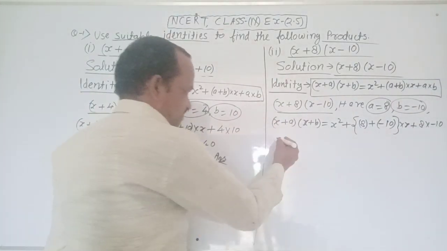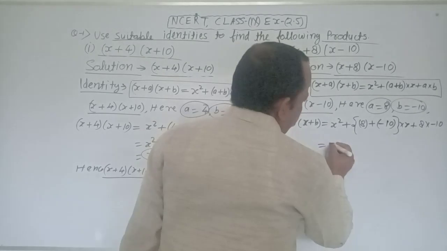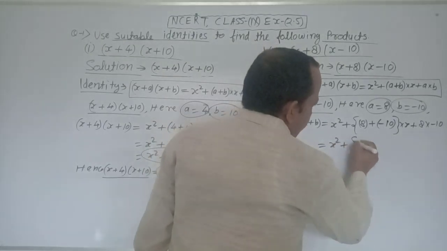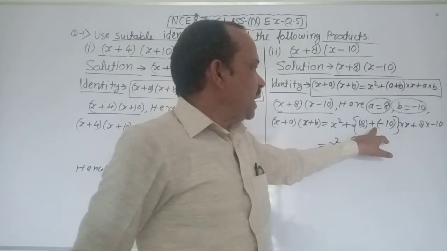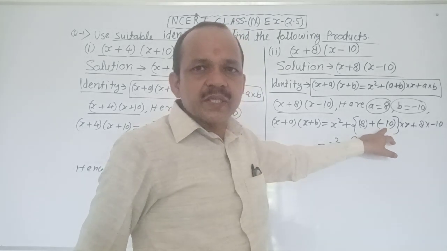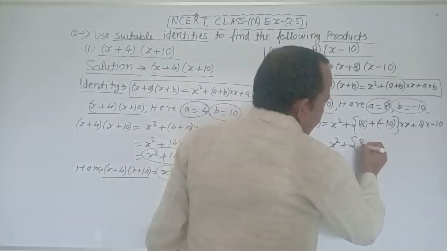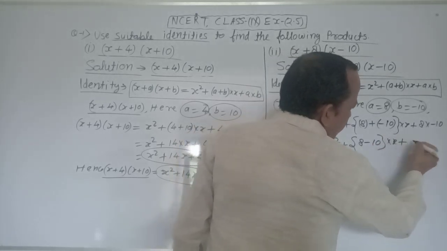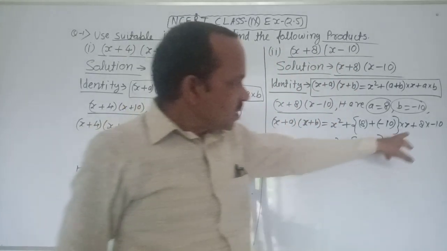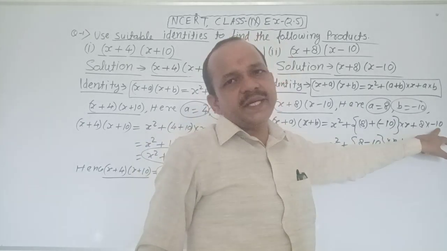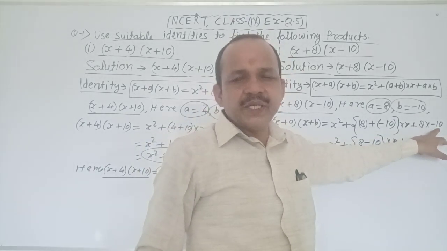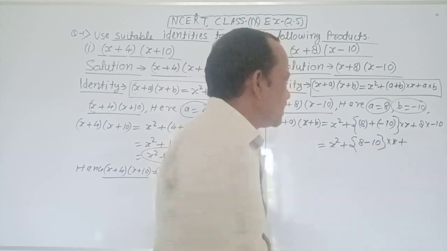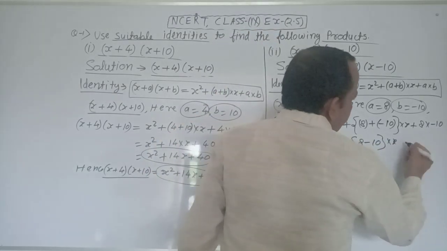Very good. You can write it x² plus, here plus and minus become minus, 8 minus 10, multiply x plus, here 8 multiply minus 10 becomes minus 80.